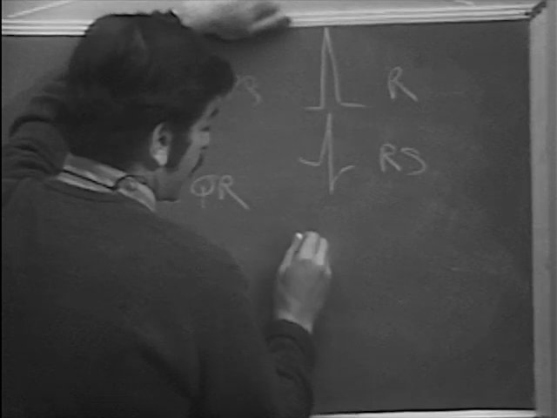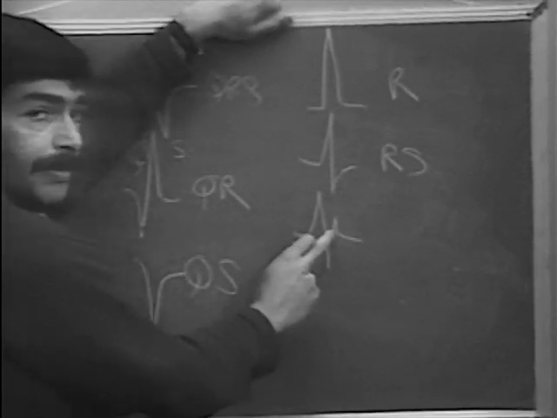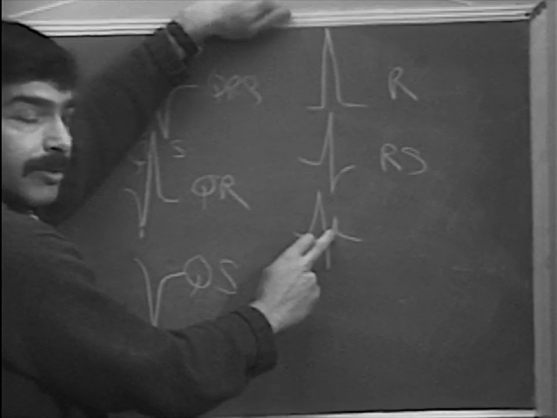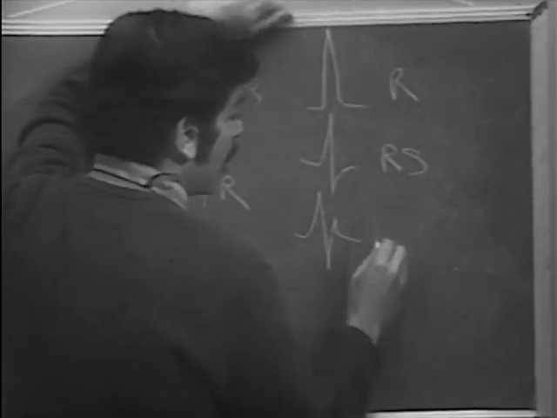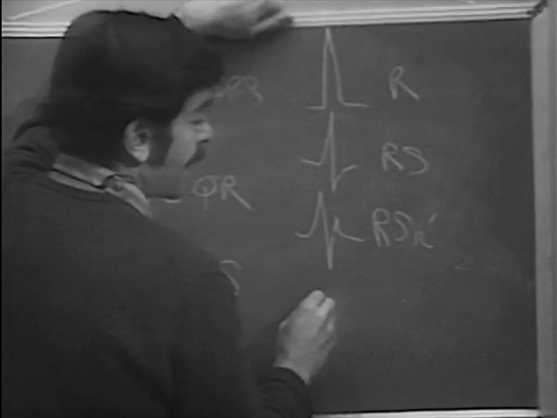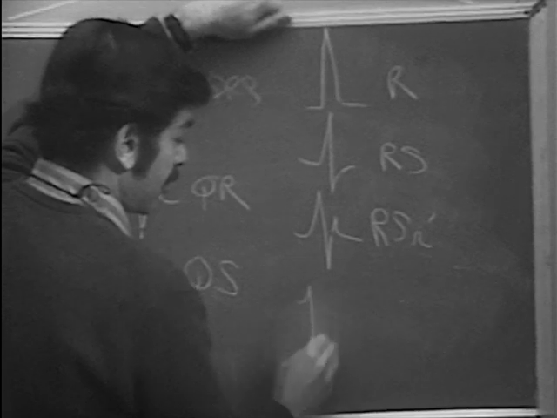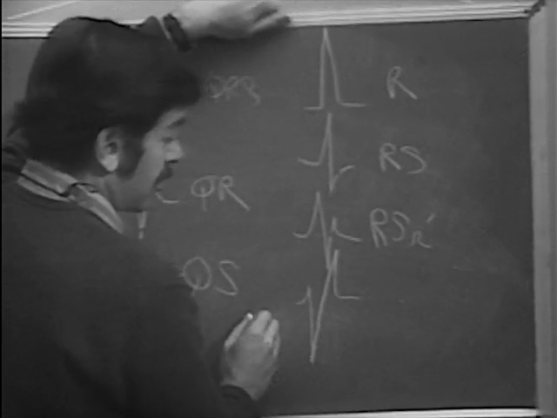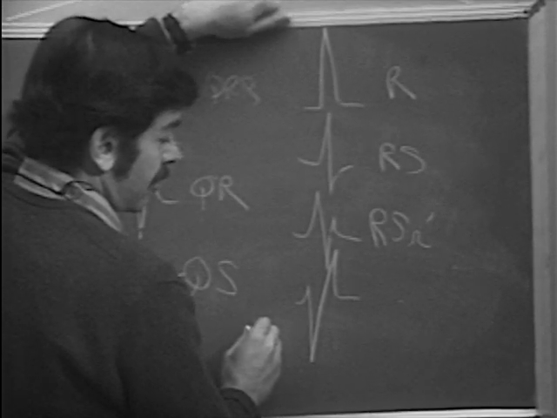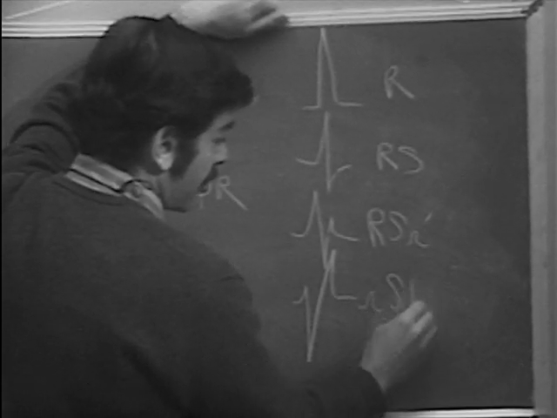And the second positive deflection would be called RSR prime. So what would you call this one here now? Again, this would be called RSR prime.